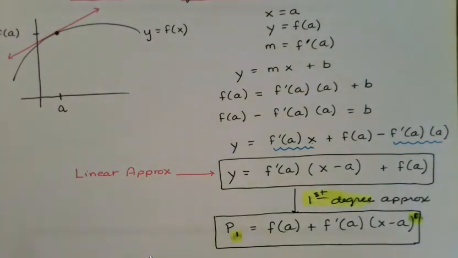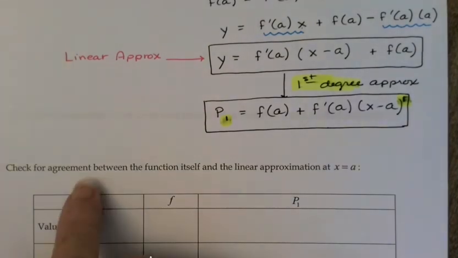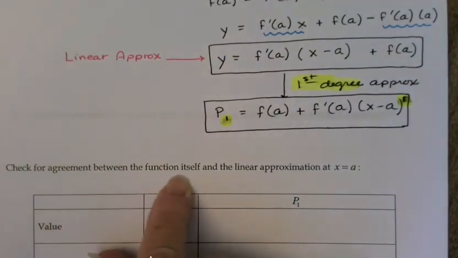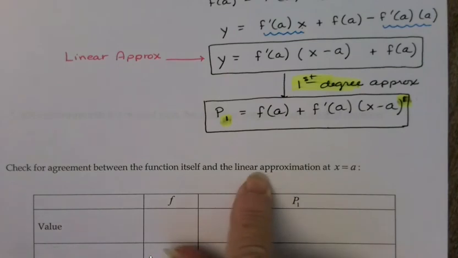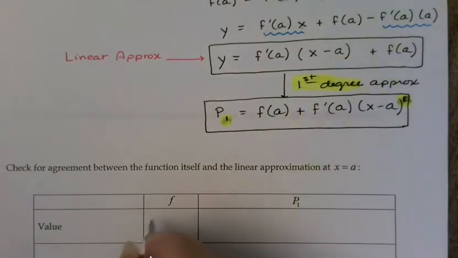All right. I want to investigate a little bit more about this linear approximation and why it does a semi-okay job of approximating the original function. Right? So we're looking right now for how well the function itself agrees with a linear approximation at the value x equals a. So the value of f at x equals a, of course, is just f of a.